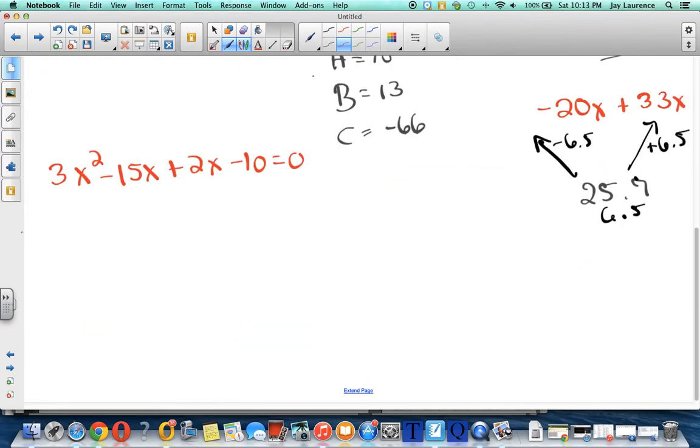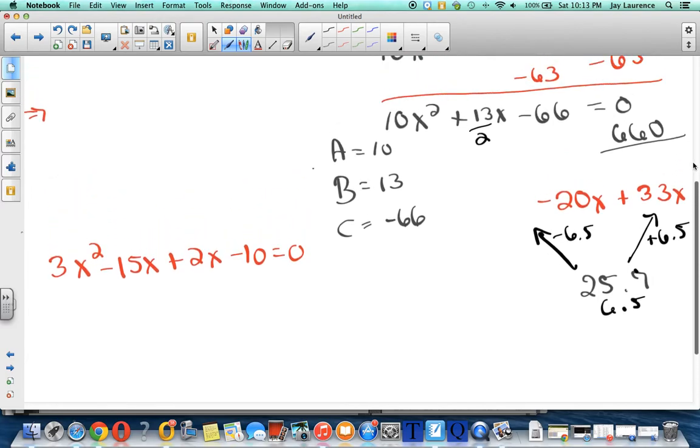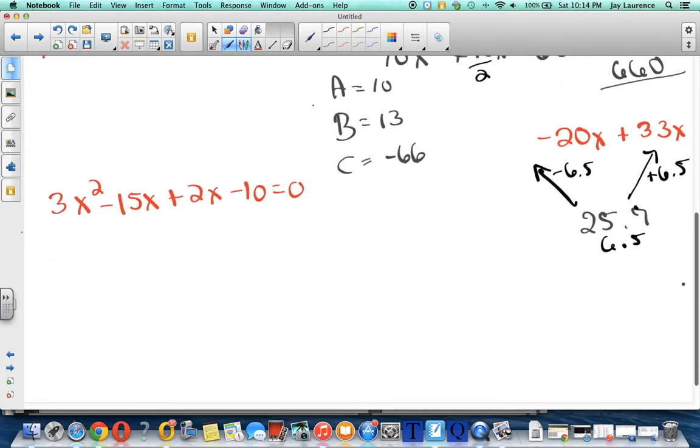So now I'm ready to rewrite that equation. And let me see here, what was it? A was 10, so it's going to go 10x squared plus 33x minus 20x. You know what? I think I'm going to rewrite those.